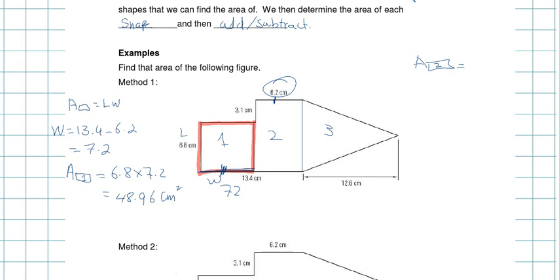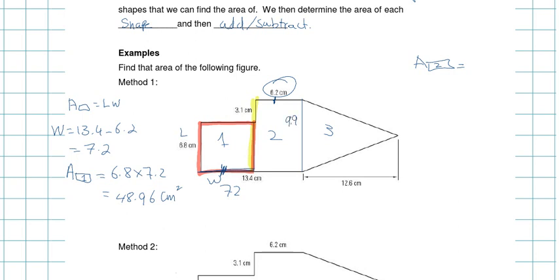Add, that's right. So my length is made of this, which is 6.8, and then you're adding 3.1 to it, because that gives you the whole length. So 6.8 plus 3.1 is 9.9. So my length and my width, I know them now. So I have 9.9 times 6.2.